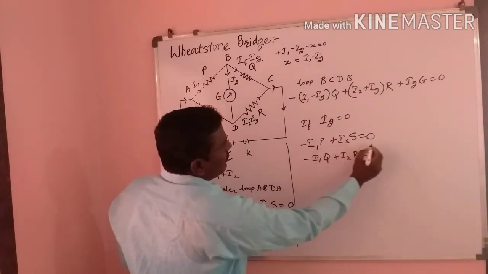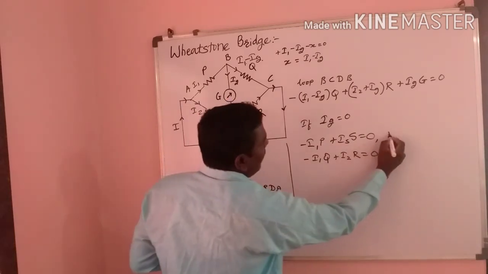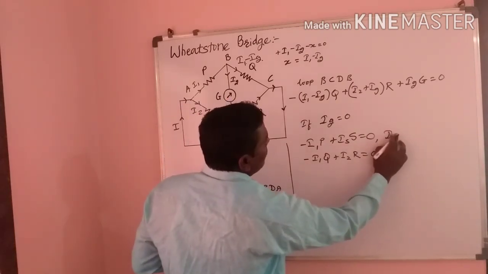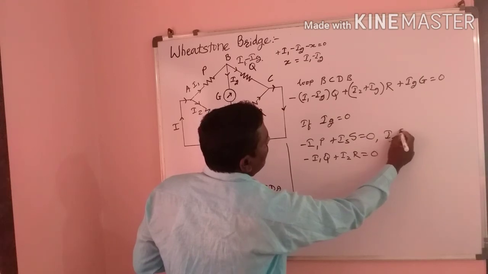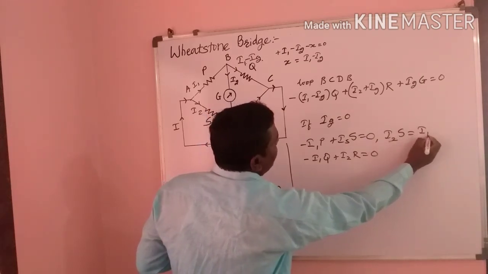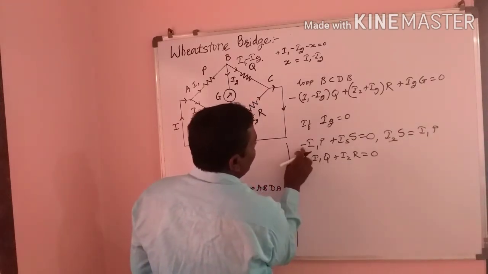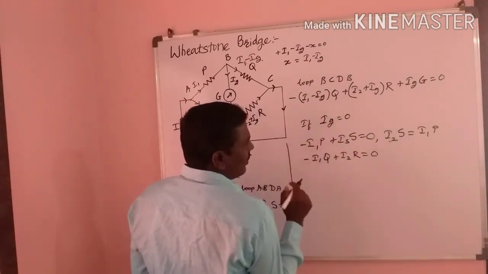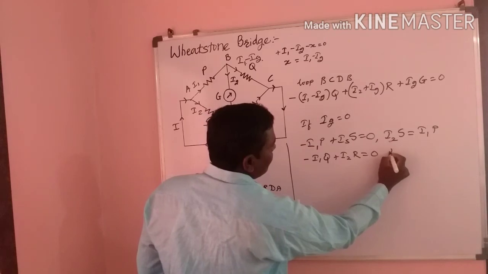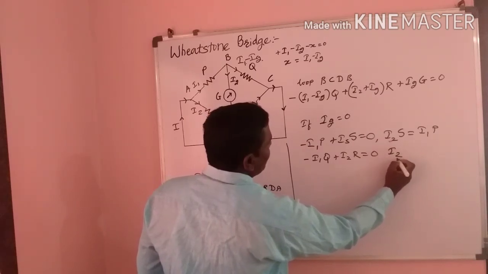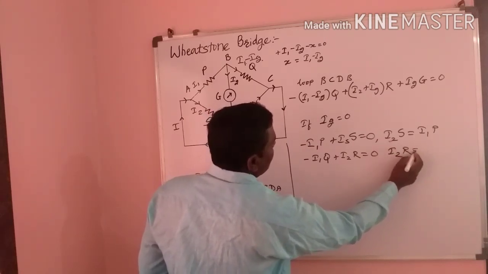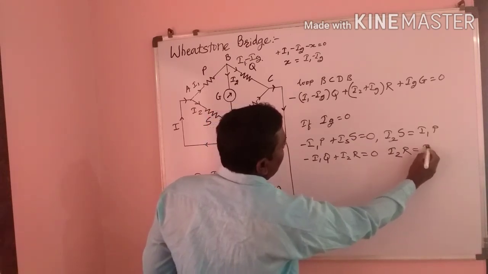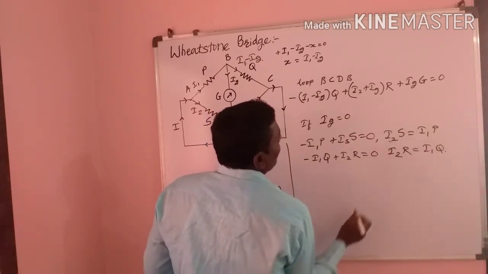From these two equations, I2S is equal to I1P, because when the minus sign term comes to the right side, its sign becomes positive. And from the other equation also, I2R is equal to I1Q.